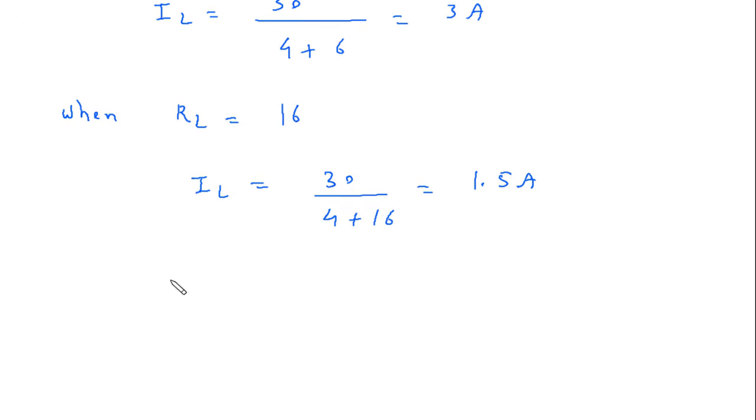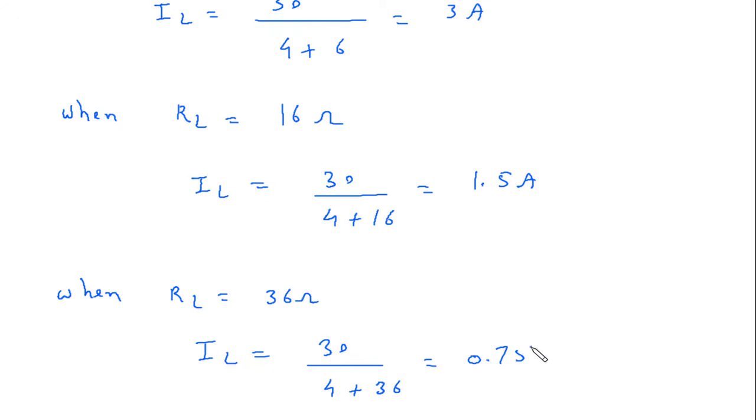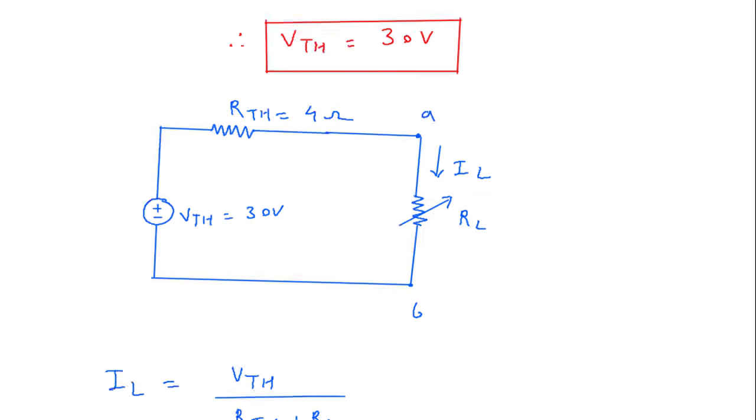Then when RL is equal to 36 ohm, then IL is equal to 30 by 4 plus 36. So this will be 30 by 40, which is 0.75 ampere.